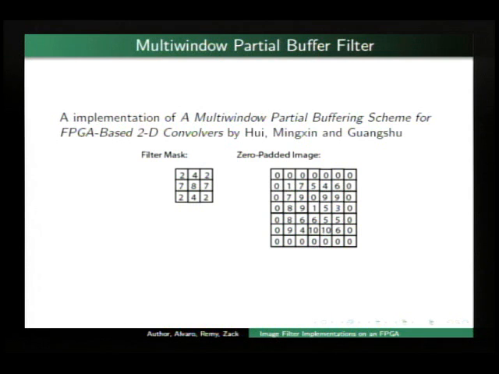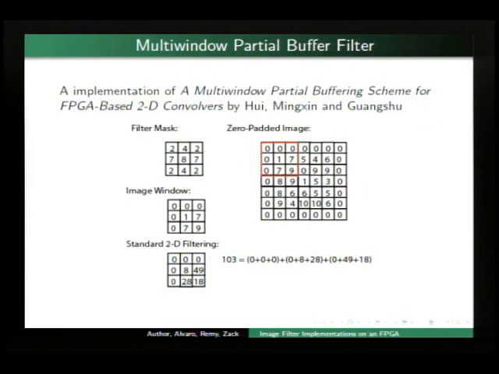And here we see our zero-padded image, and we see a filter mask. And in basic 2D convolving, we would take that zero-padded image and we would take part of it, the same size as the filter mask, multiply each of these corresponding values, add them together, and then get the filtered pixel value for that one in the upper left corner.